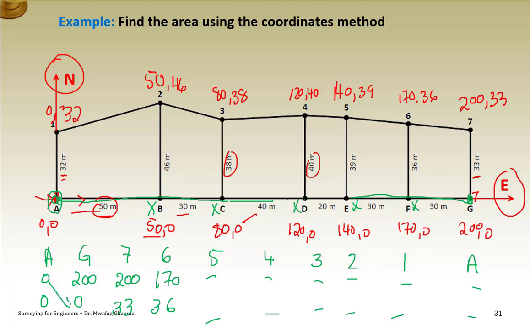Then we start multiplying this by that for K1, all the way to the end. And then we take the other direction for K2.